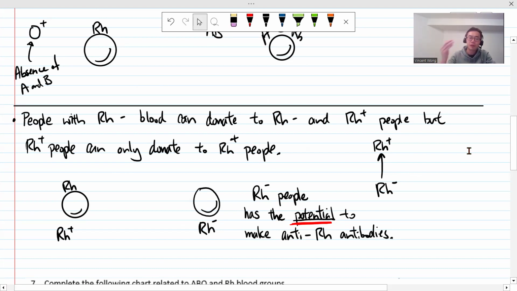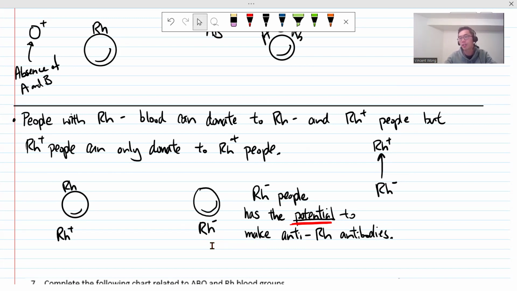But it's different for Rh. Even if the person is Rh negative, they are not automatically born with anti-Rh antibodies. It's the same thing as diseases, right? Say chickenpox. A person is not born with anti-chickenpox antibodies. Then how does a person make anti-chickenpox antibodies?